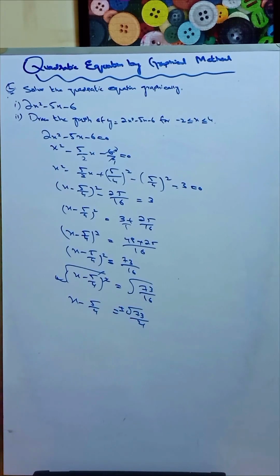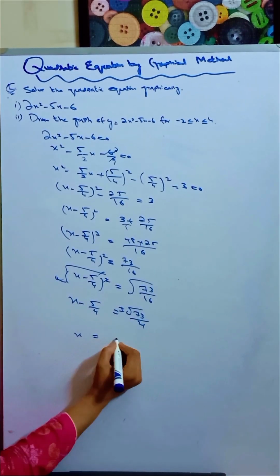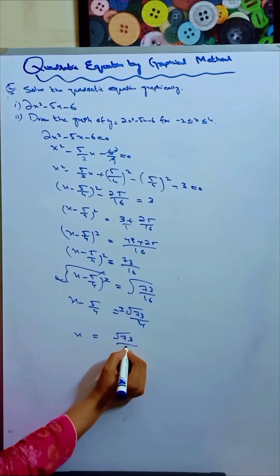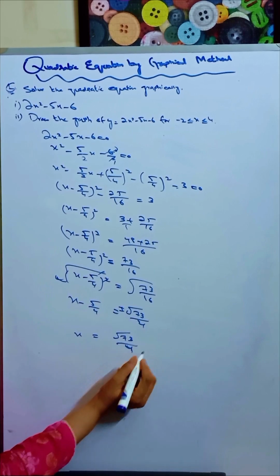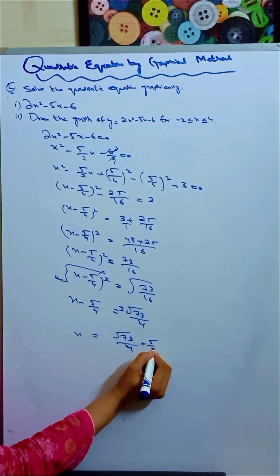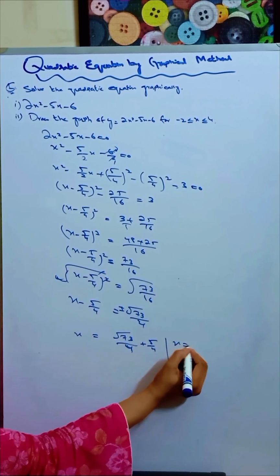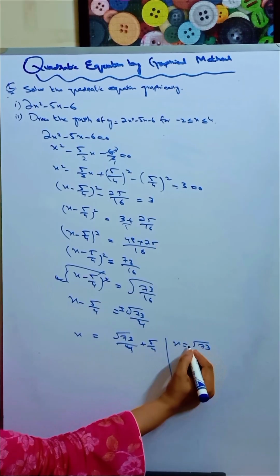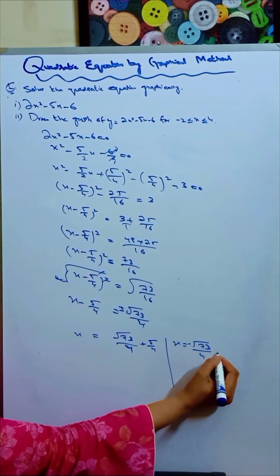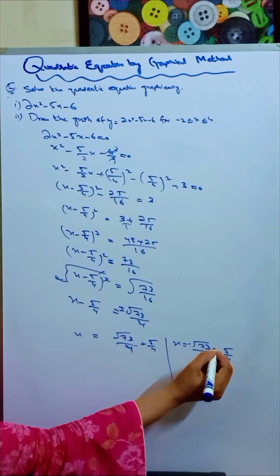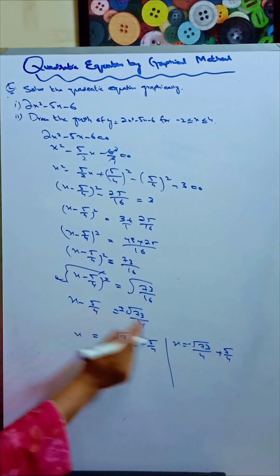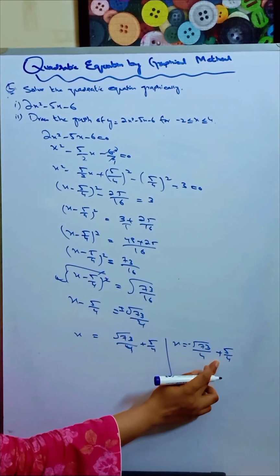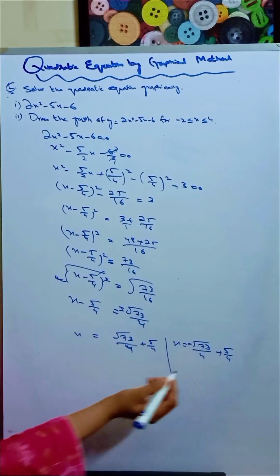Now solve it. x equals under root 73 over 4 plus 5 by 4. Similarly, x equals 5 by 4 minus under root 73 by 4. Now solve it.